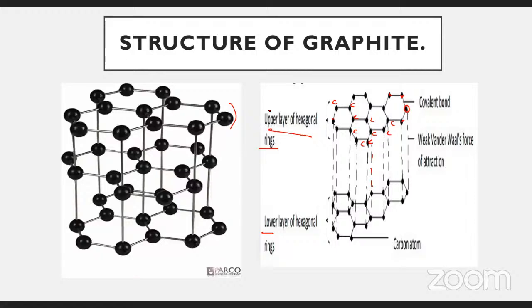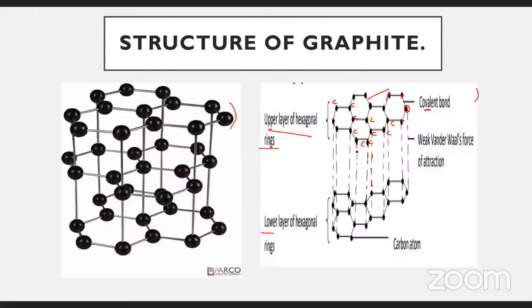Once again, you can be required to draw this kind of structure. But what we should know is that each carbon atom is bonded to 3 other carbon atoms. The carbon atoms are joined by covalent bonds, like the way we have it here.